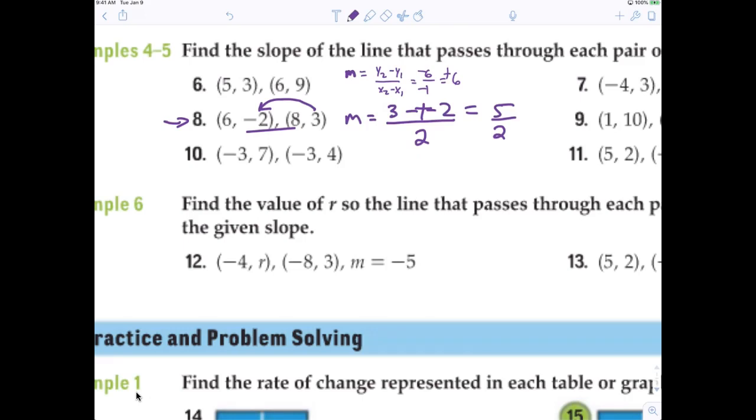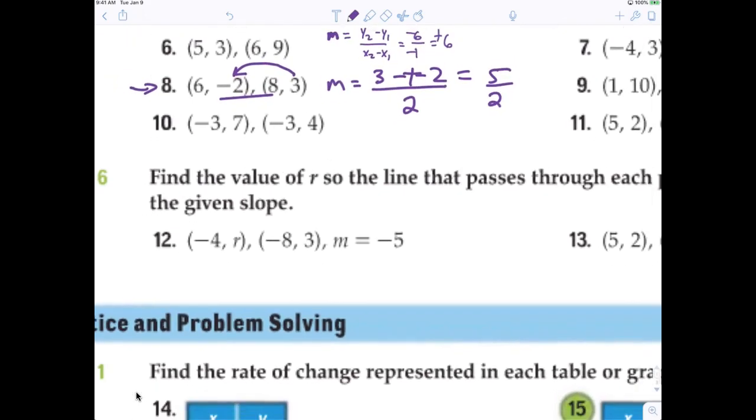I want you to tell me what the slope is for number 10. So what's delta y? Delta y 2 minus y1. Good. Perfect. What is that? 0. Rookie mistake.